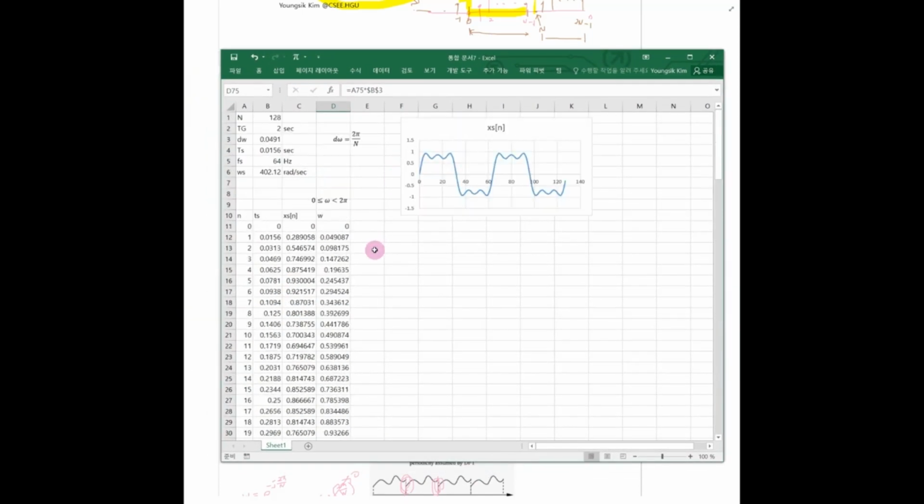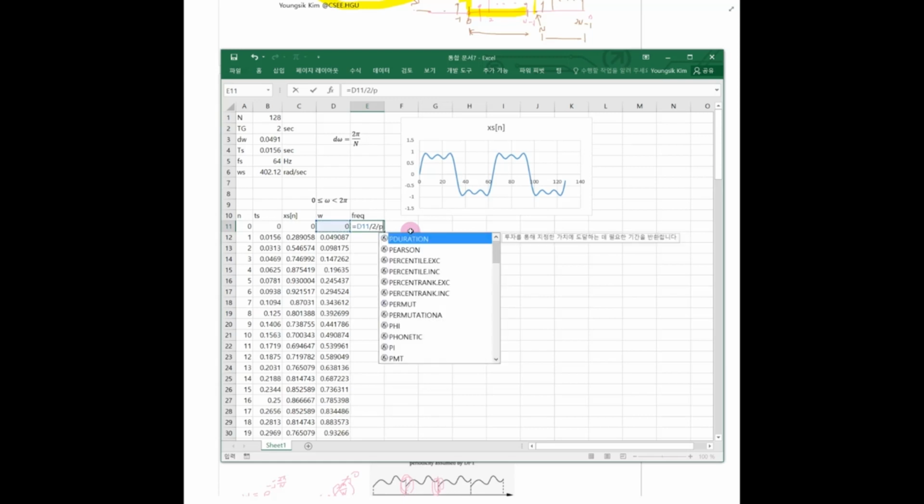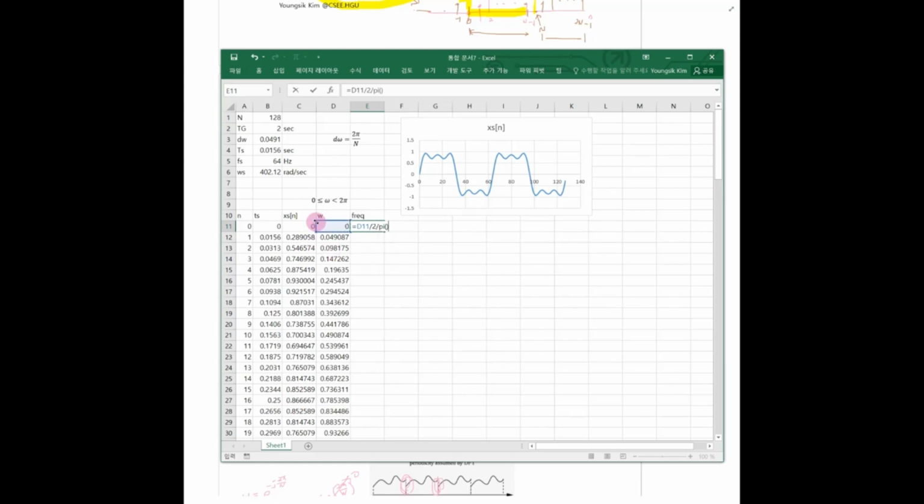I would like to interpret this one. You know that omega is normalized frequency, but what is the actual frequency? The actual frequency, we have to make it frequency by dividing by 2 pi. Because this is radian angle, to denormalize this one, I take the product with the sampling frequency. So this one means the actual frequency.